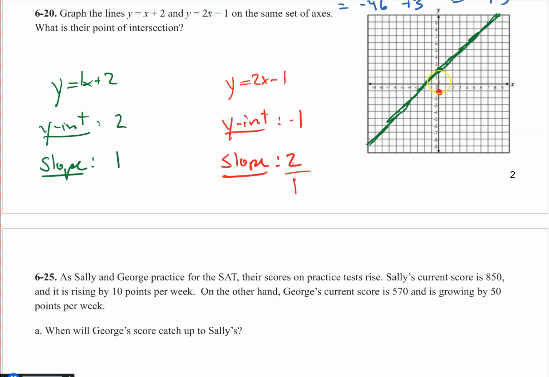So up 2 over 1, up 2 over 1. So there's our point of intersection. It looks like it's going to be 3, 5.